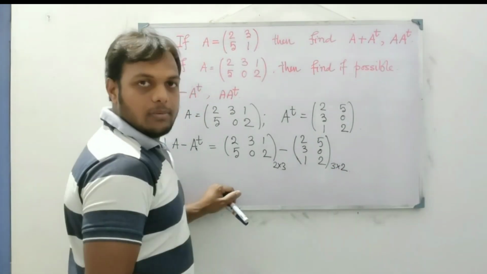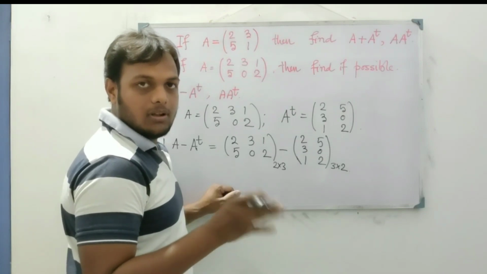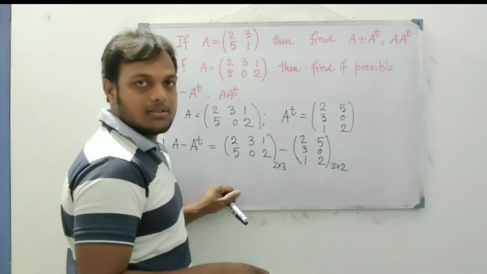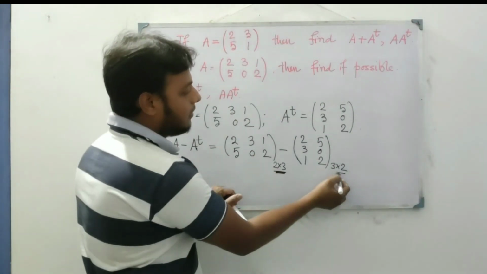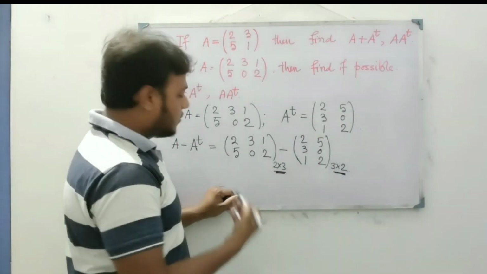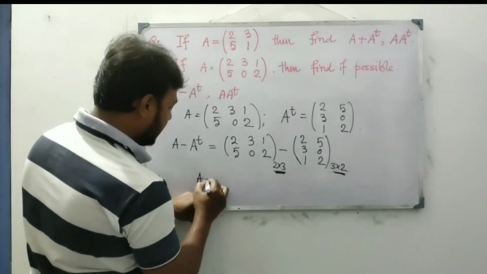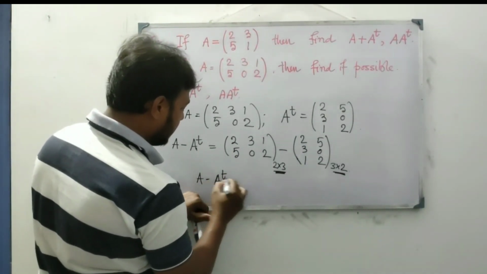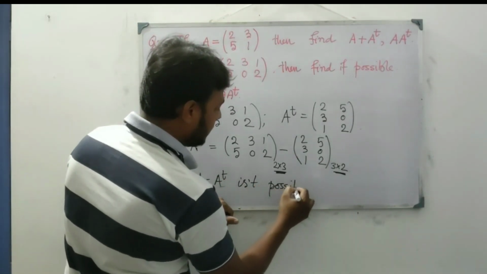I told you in my first video that matrix addition and subtraction are possible only when the orders of the matrices are the same. Here the order is 2 cross 3, but there it is 3 cross 2. So matrix subtraction is not possible. So write that A minus A transpose is not possible. So this completes the first part.